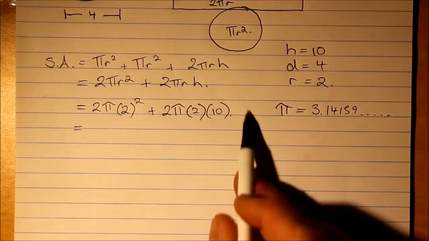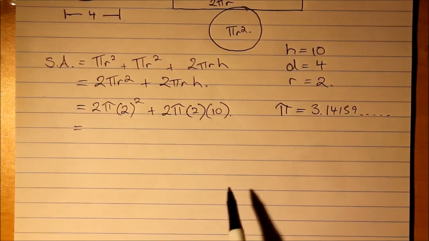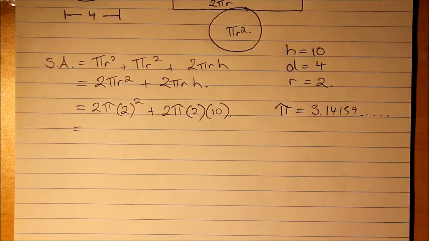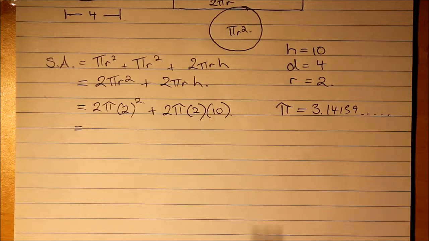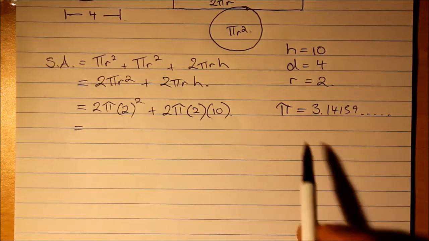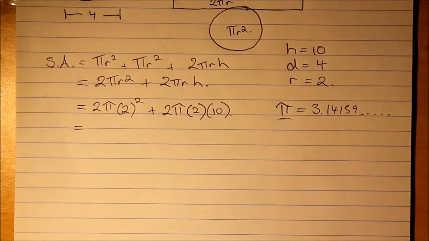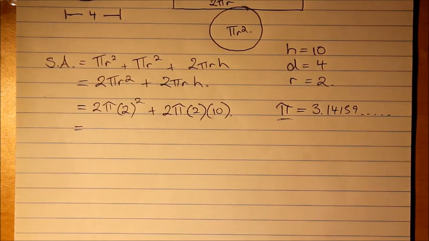So if I was to calculate this, or put it in your calculator, which we will do, you're going to get a decimal which we need to round. Rounding doesn't give an exact answer. So an exact answer will just leave pi in our answer. We all like pi, so let's leave it there.